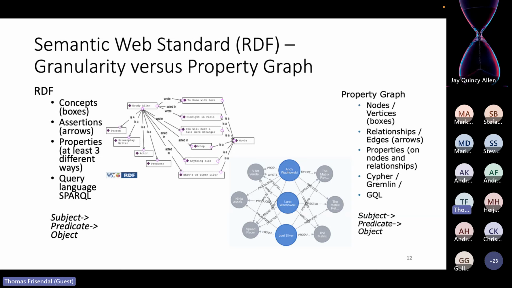Triples are the core construct of subject, predicate, object, which also means that you can read graphs like a collection of little sentences. Woody Allen is an actor, right? Property graphs look quite similar, and structurally there's not a whole lot of difference. And you can also read property graphs as subject, predicate, object.